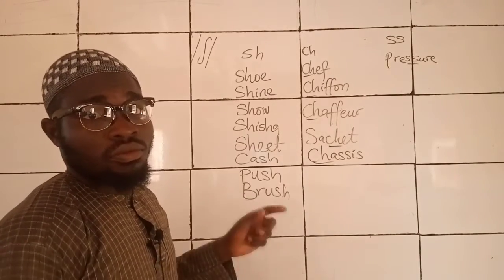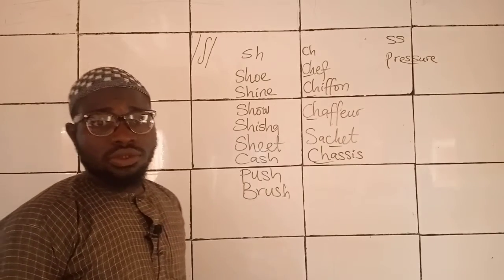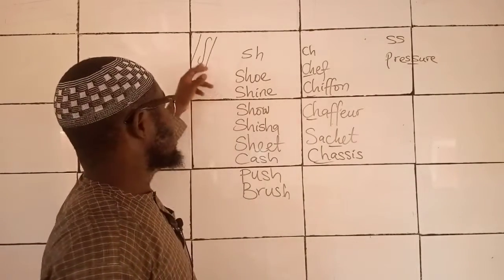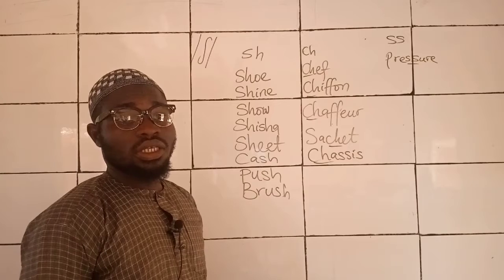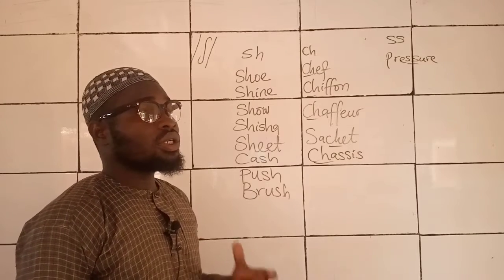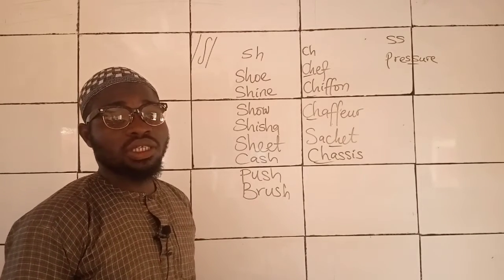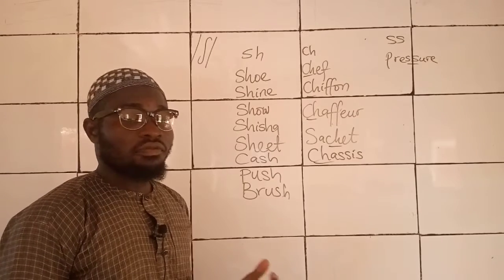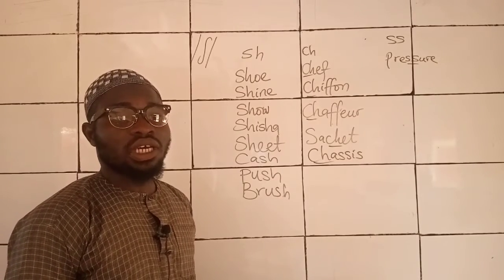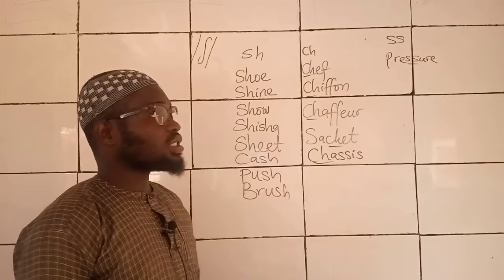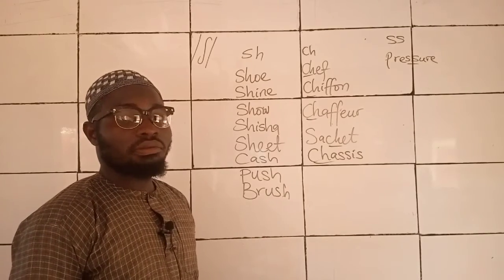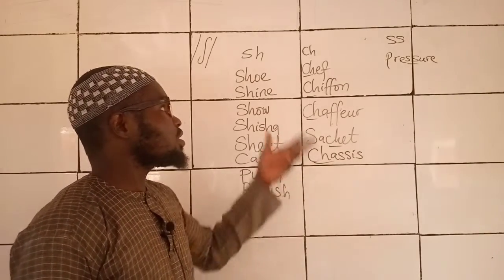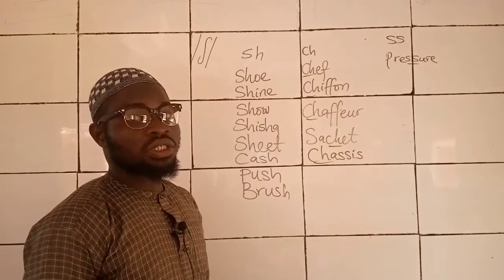Okay. The next phoneme is realized or known as the voiceless post-palatal fricative. It has these letters as its representations.